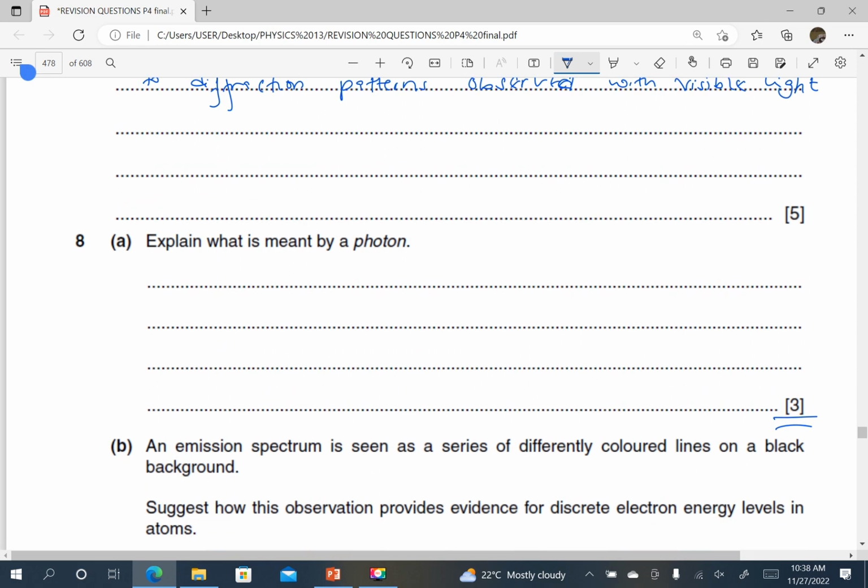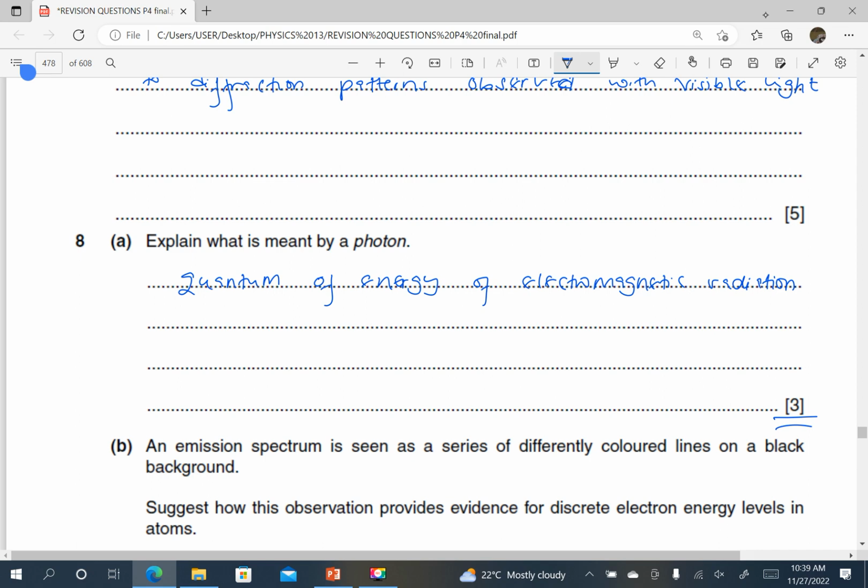So a photon is a packet of energy, a quantum of energy of electromagnetic radiation.